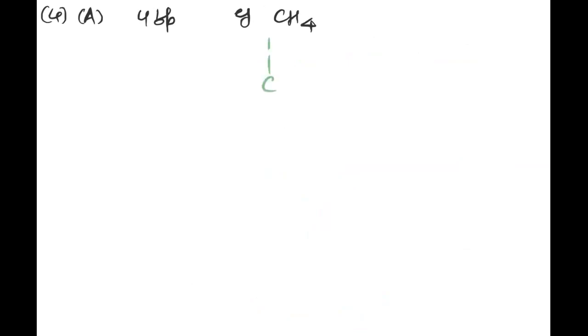In this case, it is bonded with hydrogen, another bond with hydrogen. This bond may be coming outward, let's say this may be H here, and this bond may be going inside the surface of the board, let's say it is hydrogen here.